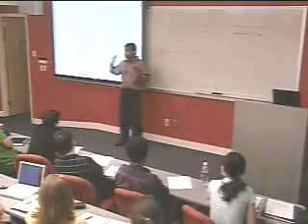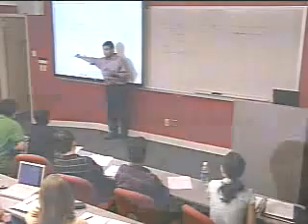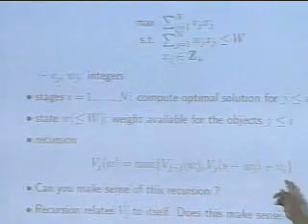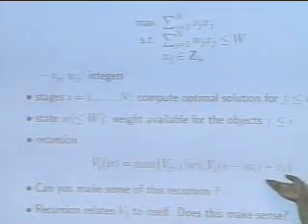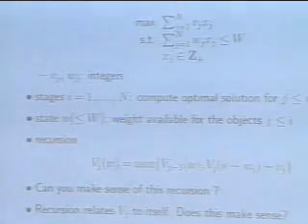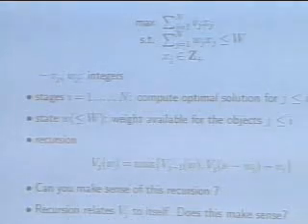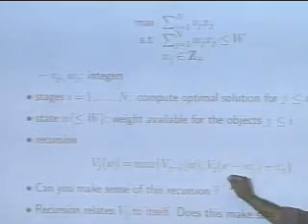I'm not doing any optimization. When writing a recursion in dynamic programming, one of the things you should remember is that everything that falls on this side should be something that you already know. It's just an addition of a quantity. It cannot be something that you would compute again.